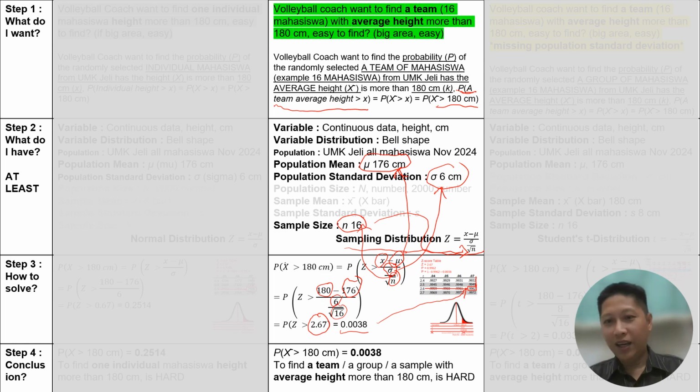This means that when the volleyball coach closes his eyes and, from 2,000 students, randomly selects 16 students, will those 16 students have an average of more than 180 cm? The probability is very, very small, just 0.0038. So it is very difficult to form this team.